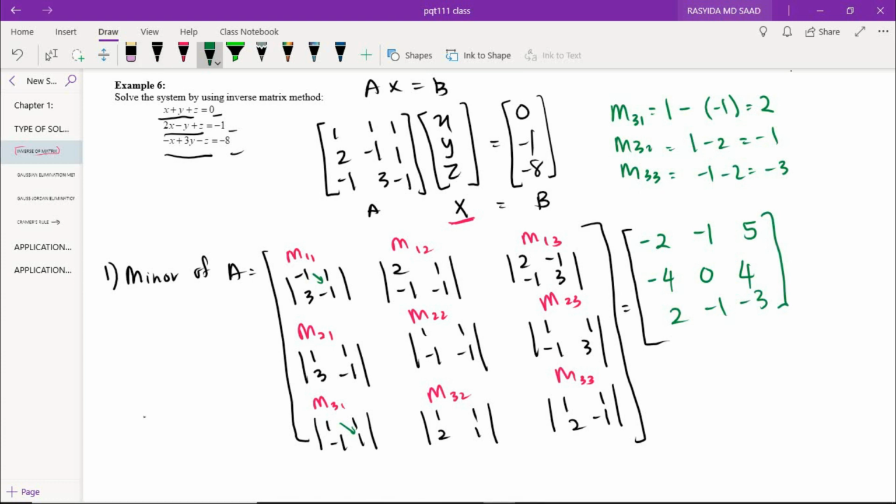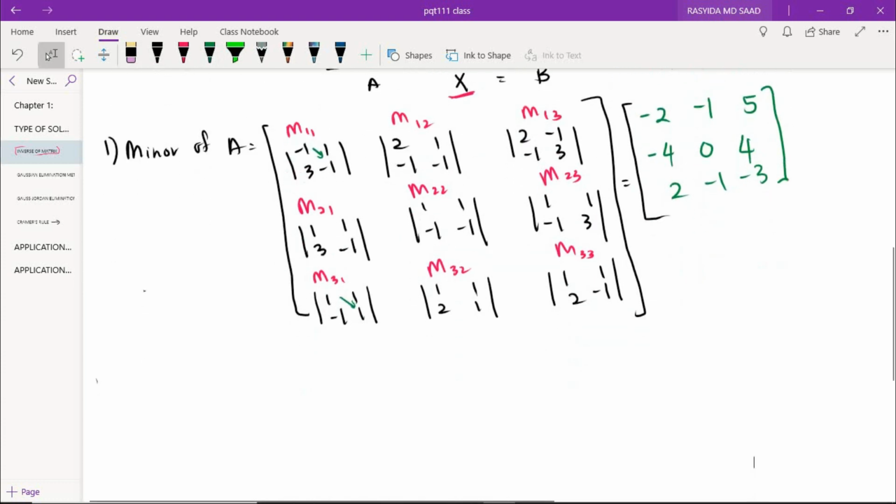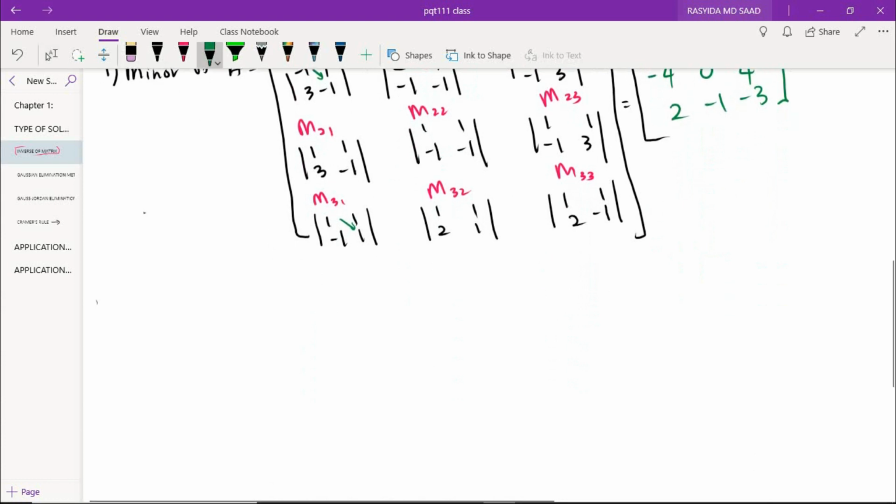Okay. Then after that we need to find the cofactor of matrix A. To find the cofactor of matrix A, you can use the formula plus minus plus minus plus minus, or you also can use this one, negative 1 to the power of i plus j times Mij. Remember the formula for cofactor?